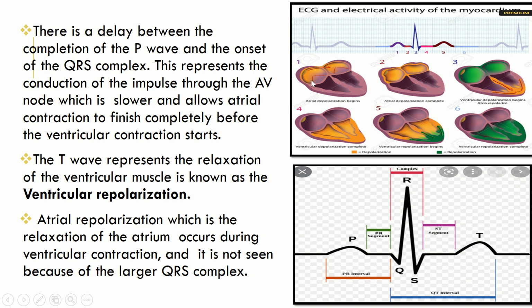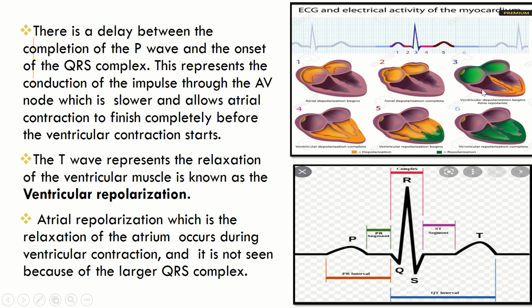Here you can see the atrium starting contraction. It is going to shrink, and it allows all the blood from the atrium to go into the ventricles. Once the complete shrinkage happens, the atrium will relax and the contraction will start in the ventricles.